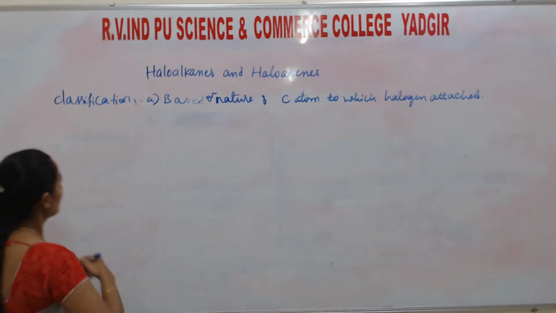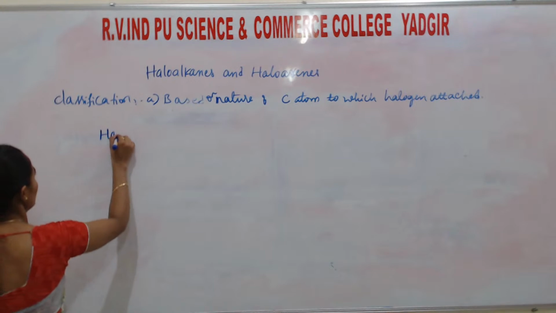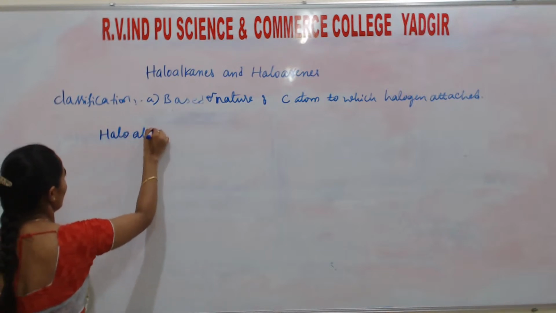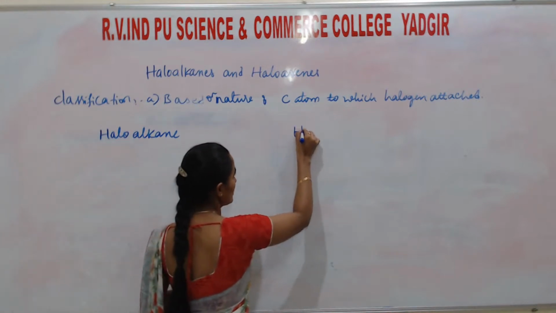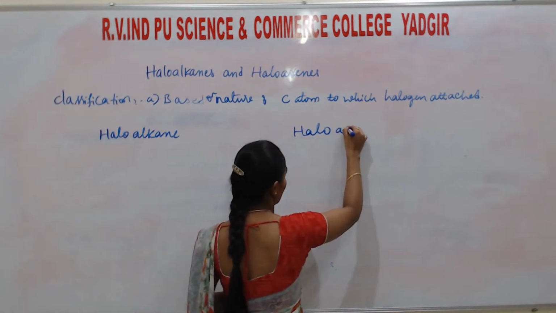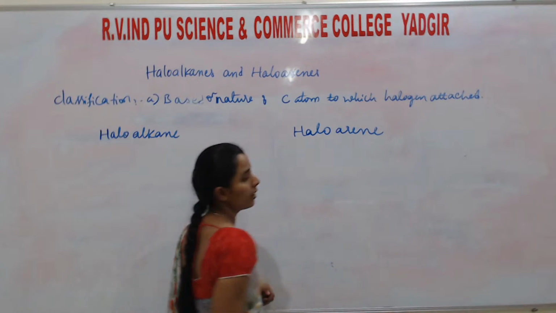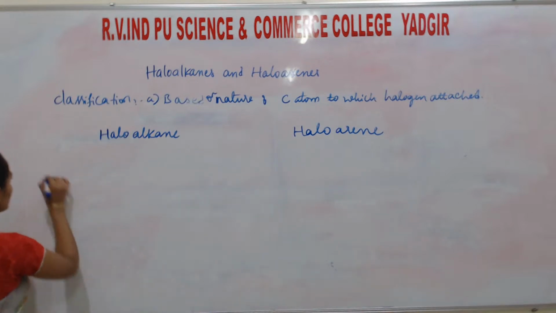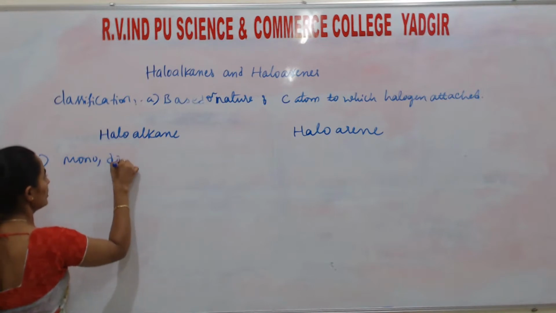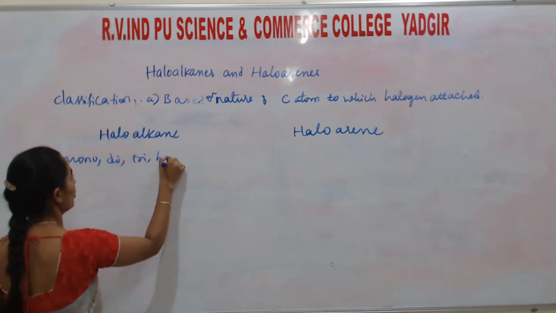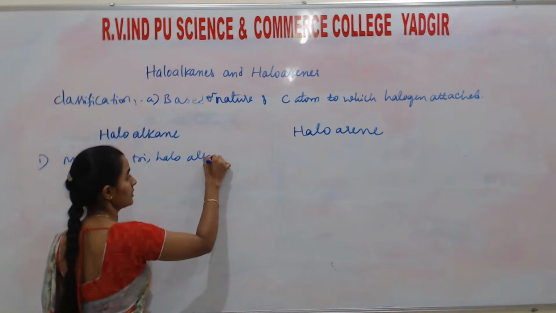So listen, you consider here haloalkane. This one is haloarene. In this first classification, mono, di, tri, haloalkanes depends.